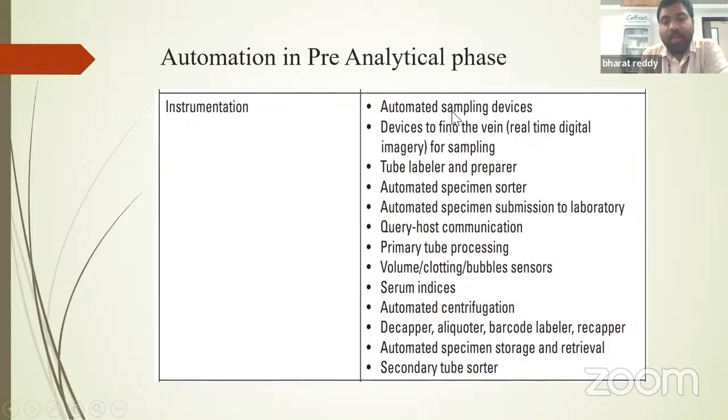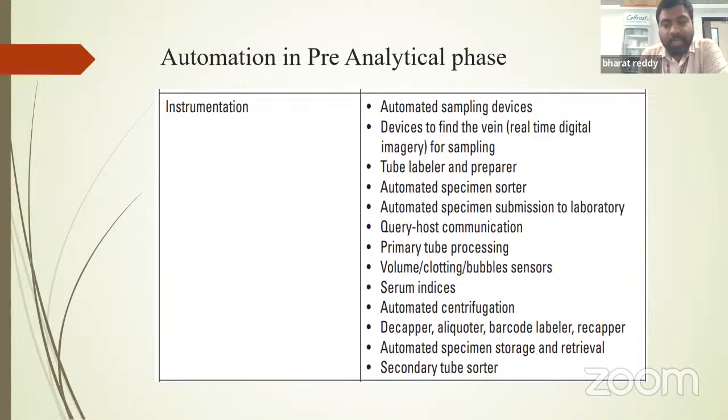These are automated sampling devices, devices to find the vein for sampling, tube labeler and preparer, automated specimen storer, and automated specimen submission to laboratory, query host communication, primary tube processing, volume, clotting, bubbles sensors, serum indices, automated centrifugation, decapper, aliquoter, barcode labeler, recapper, automated specimen storage and retrieval, and secondary tubes sorter.